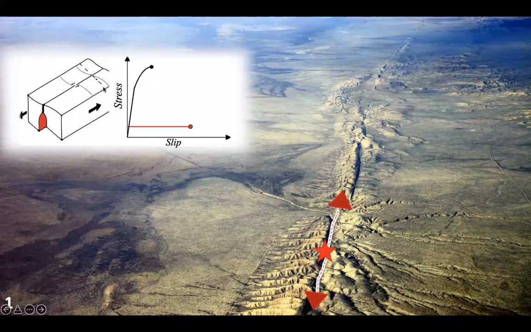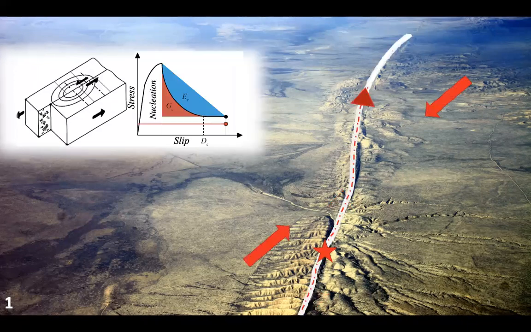Then you start to have the local rupture of part of the fault during the nucleation of instabilities. At that stage, up to a critical size of the initial rupture length, there is a dynamic propagation of the fault.